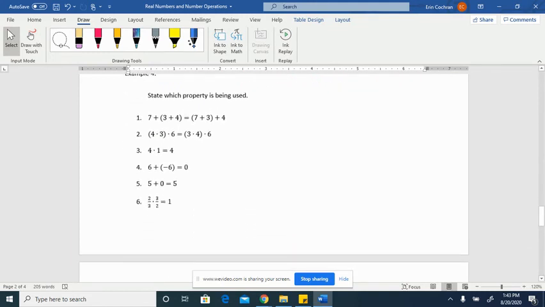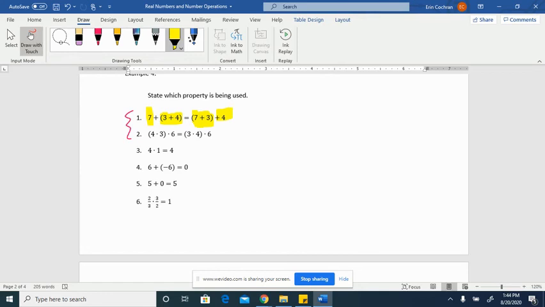All right, so we do have 3 numbers, okay? Anytime it's adding, subtracting, and looking at parentheses or numbers in that sense, we always look at, is it commutative or is it associative? So in A, we are going to add 3 plus 4, then add 7. This one, we're going to add 3 plus 7 first, then add 4.